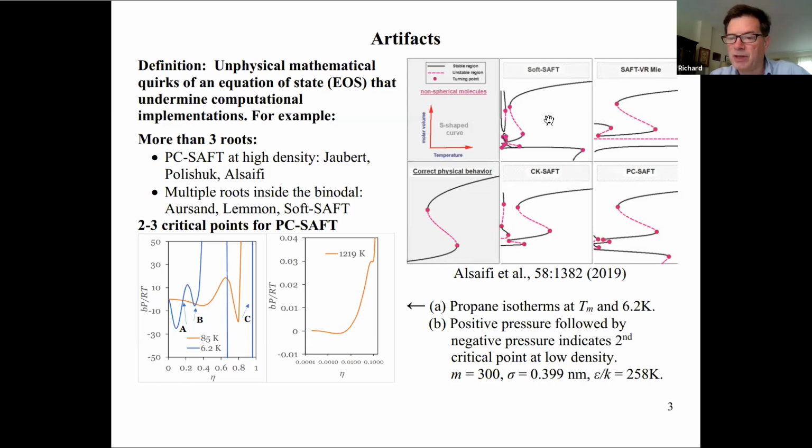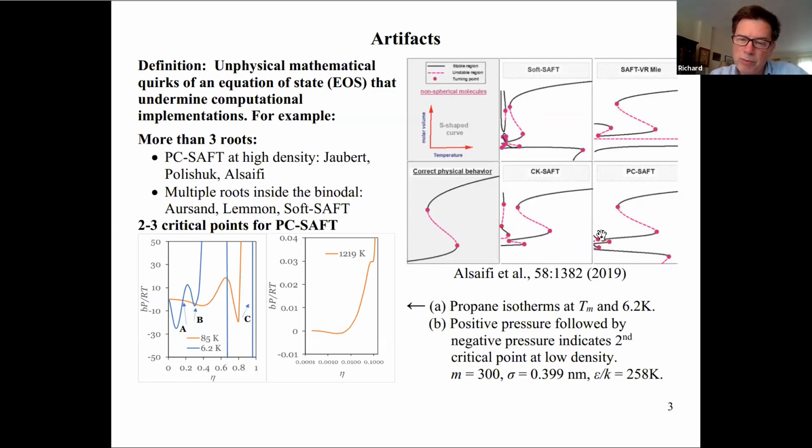But if you look at the various forms of the SAFT equation, they're a lot more complicated. The most popular SAFT equation these days is this PC-SAFT equation, so I'll focus on that one for a lot of my examples. Hopefully you've done some calculations yourself with the PC-SAFT equation and you are familiar with it.